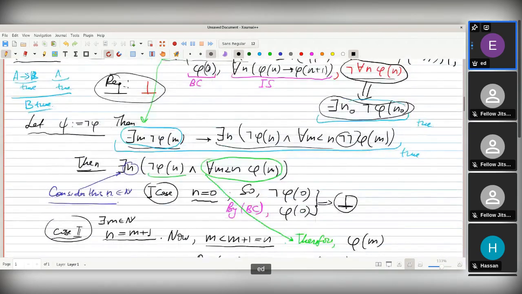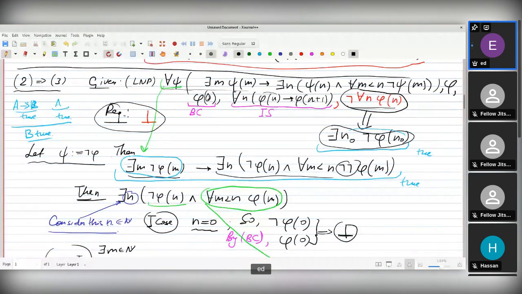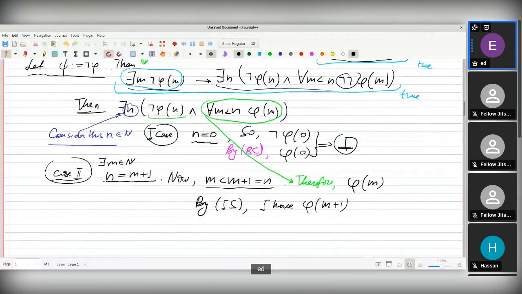The inductive step guarantees that if it holds for whatever number, n, m, whatever, then phi must hold for the next number, for its successor. But as I have that phi holds for m, then I have that phi holds for m plus 1 as well. Is it clear? Ladies and gentlemen. Yes. Okay.